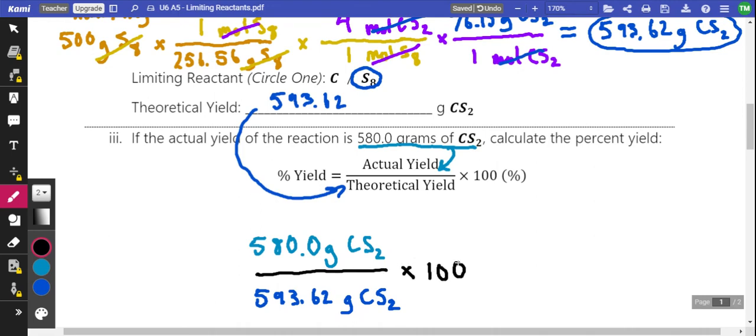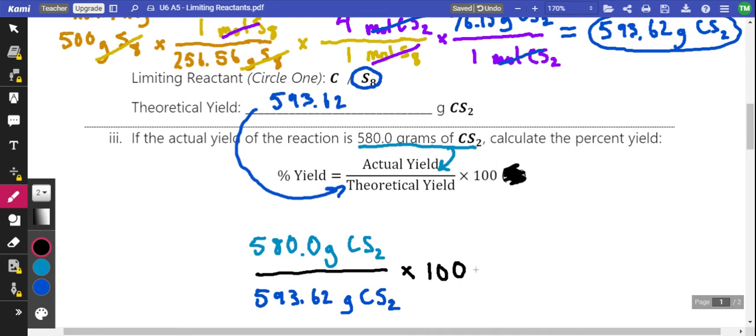Okay, and if you have a calculator that has a percent button, be careful. I'm putting this percentage thing here to show it should come out as a percent, not to use the percentage in your calculation. Otherwise, sometimes it'll take this 100%, and that's basically just multiplying by 1. 100% of something is just 1. So don't multiply by 100%, multiply it by 100 to make it a percent.